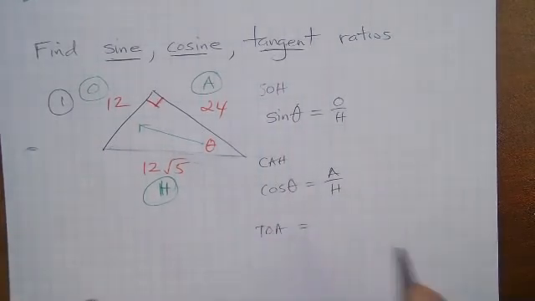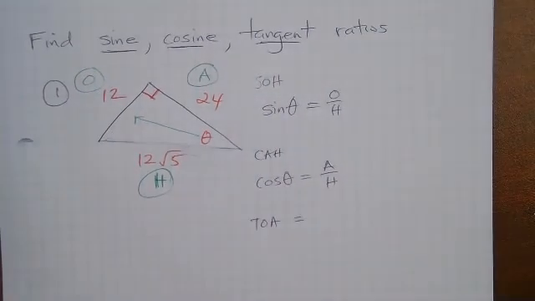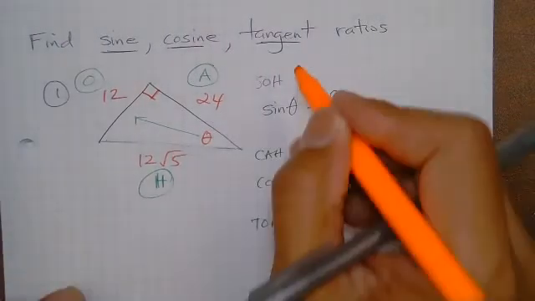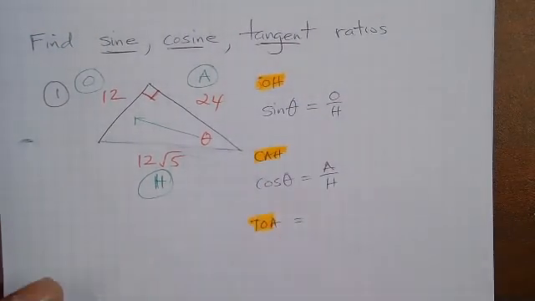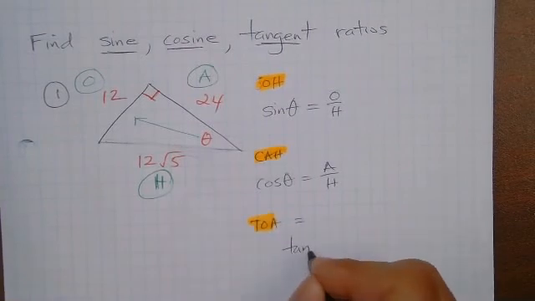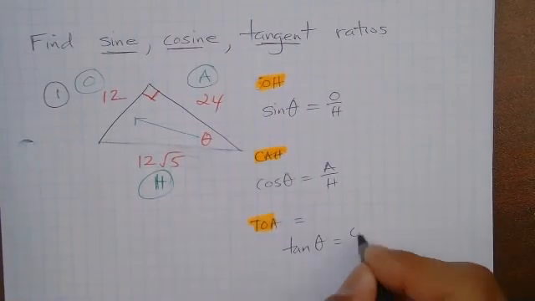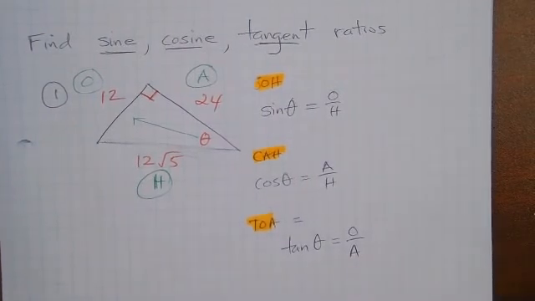A over H. And TOA, right? SOHCAH, right? And then tangent's going to remind you to set up this tangent ratio, which is tangent of the angle is O over A.